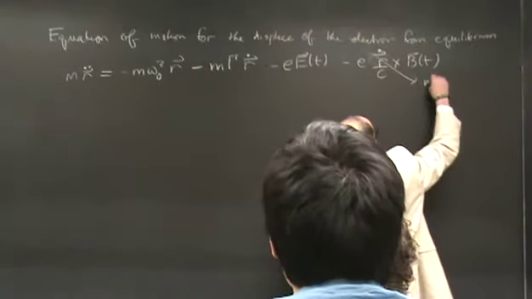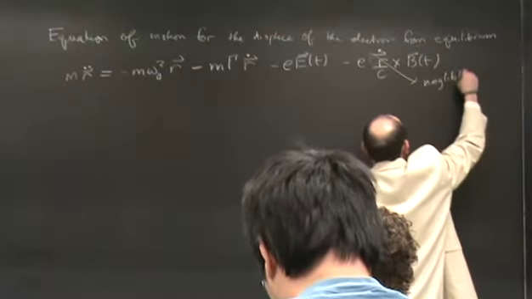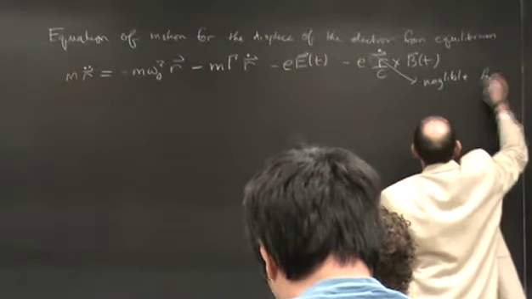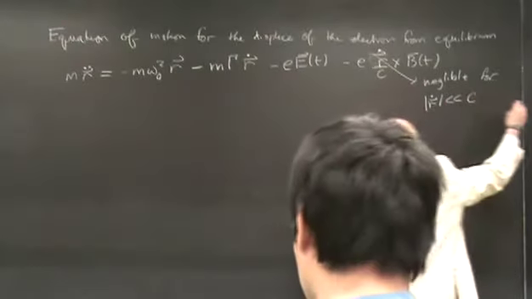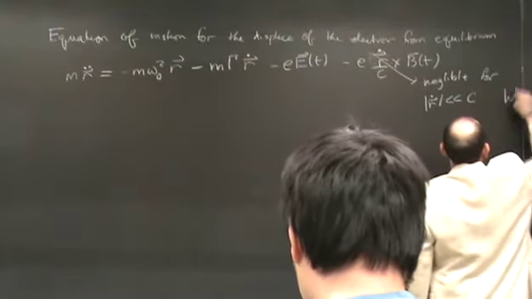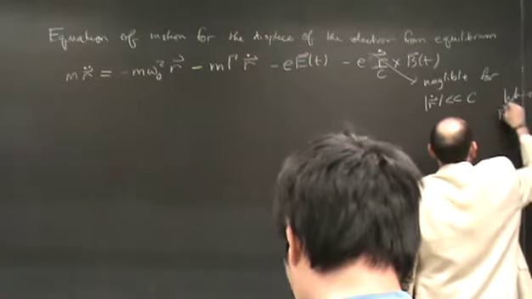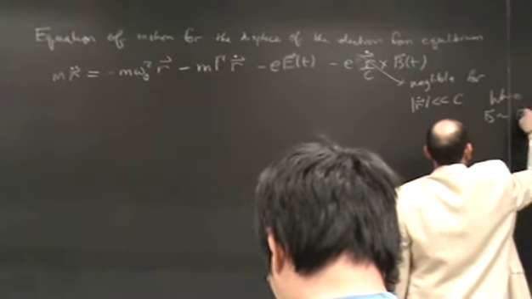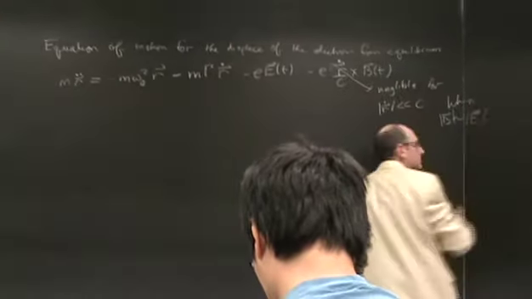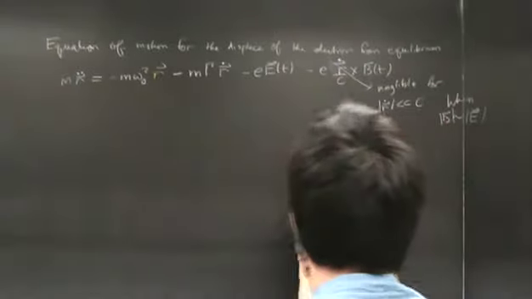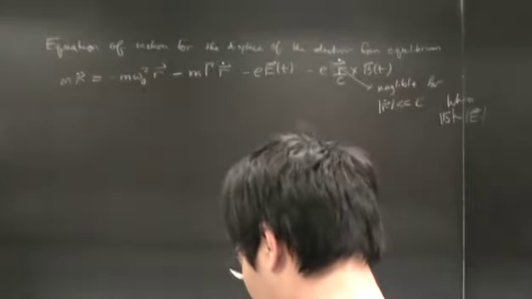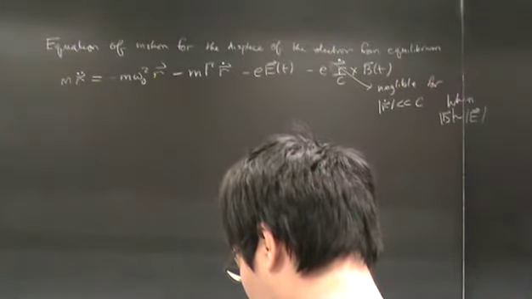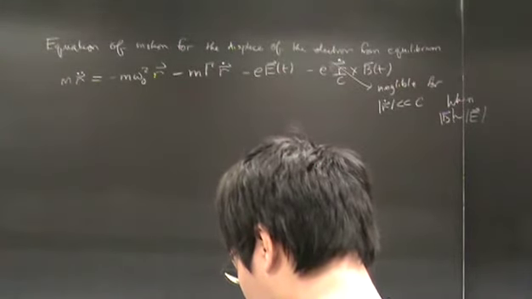So this is negligible for r dot much, much less than c, when B is on the order of E. Of course, if we had no electric field, well then this would be the dominant effect. But we do have an electric field.